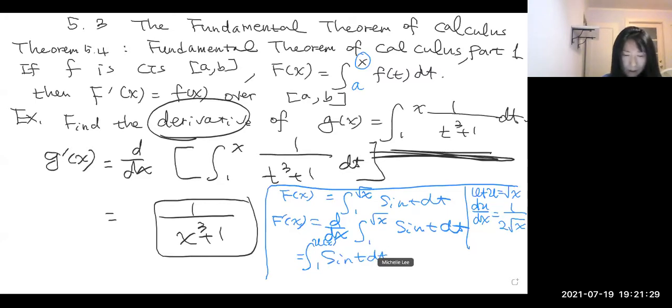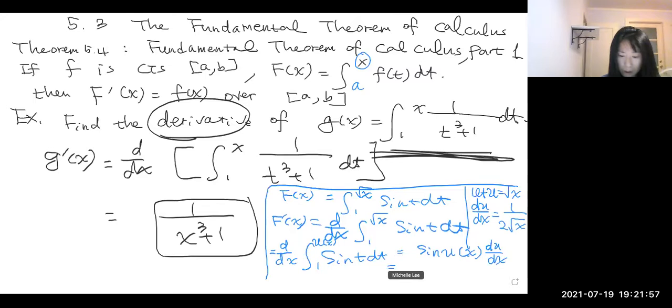Then we do the derivative, then we have sine u times du over dx.